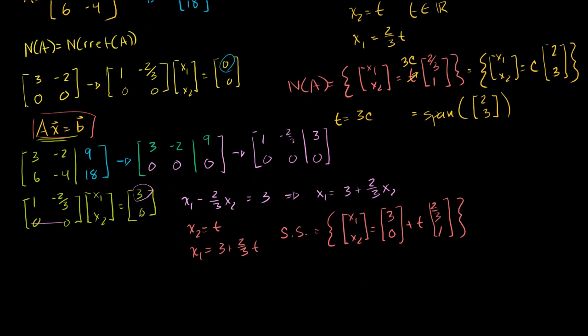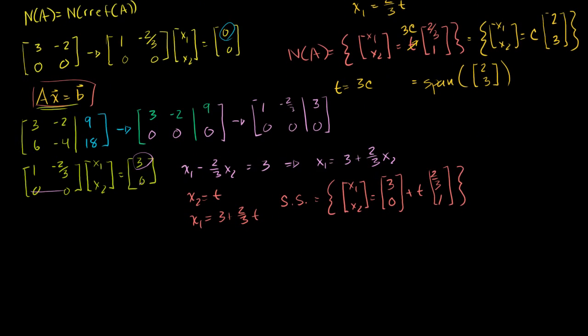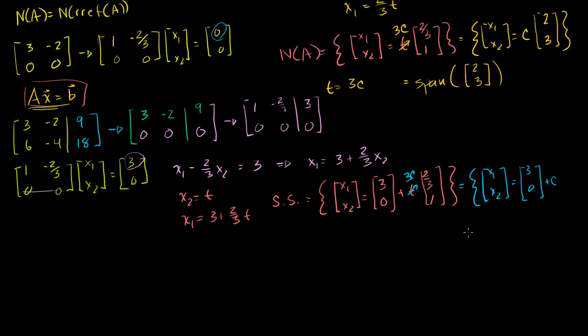I could do that same substitution that we did over here. Let's replace t with 3c, and so we could rewrite this as x1, x2 is equal to the vector 3, 0, plus c times the vector, 3 times 2/3 is 2, 3 times 1 is 3.